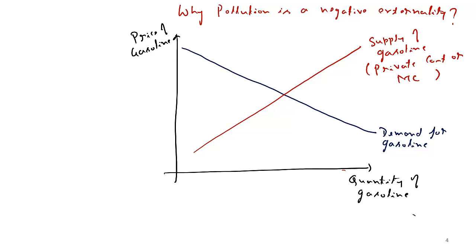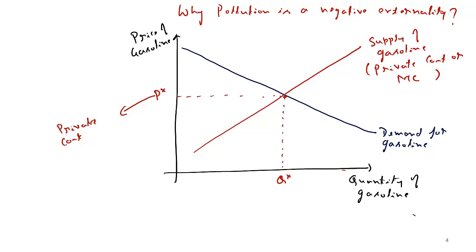And as a result, what's happening here is that we are producing, say, Q star amount of gas at some price P star. That means the price P star that I am paying to consume Q star amount of gas only includes private cost.